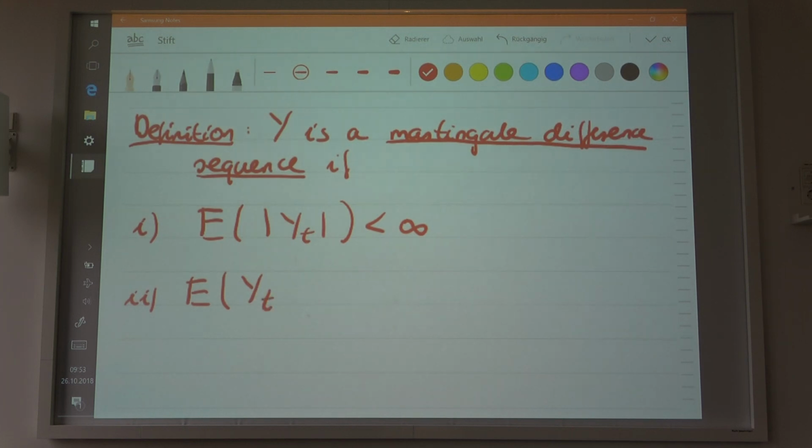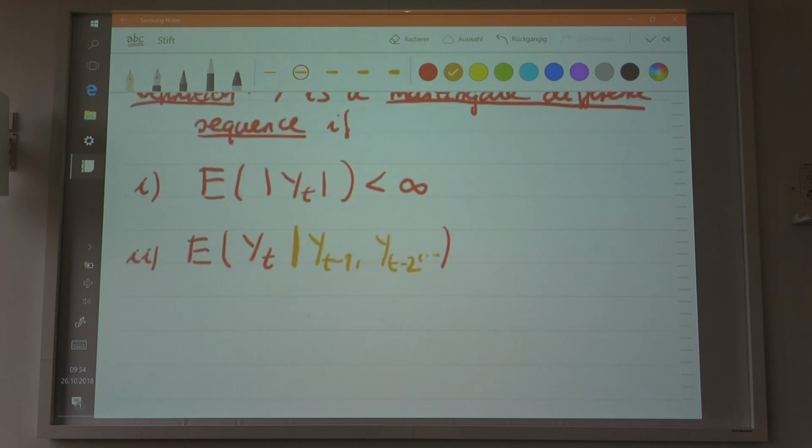So the expectation of the process, given yt minus 1, yt minus 2, etc., so given its past, is equal to 0. So this is the conditional expectation of the process given its past.